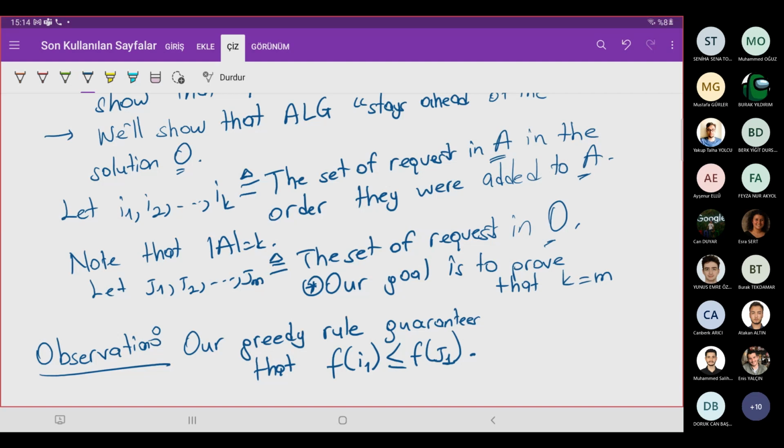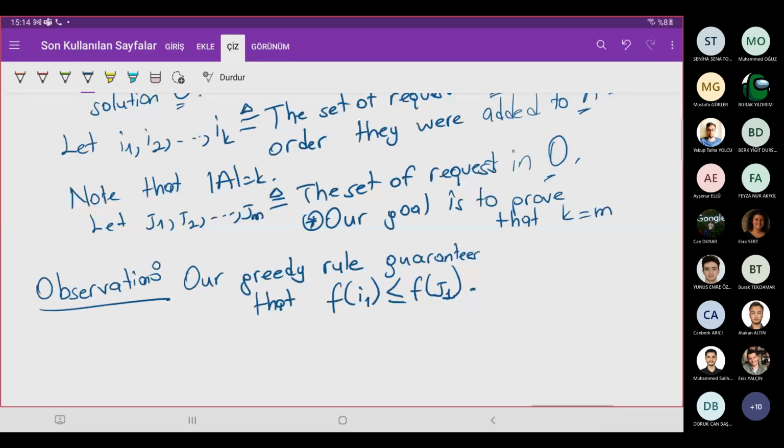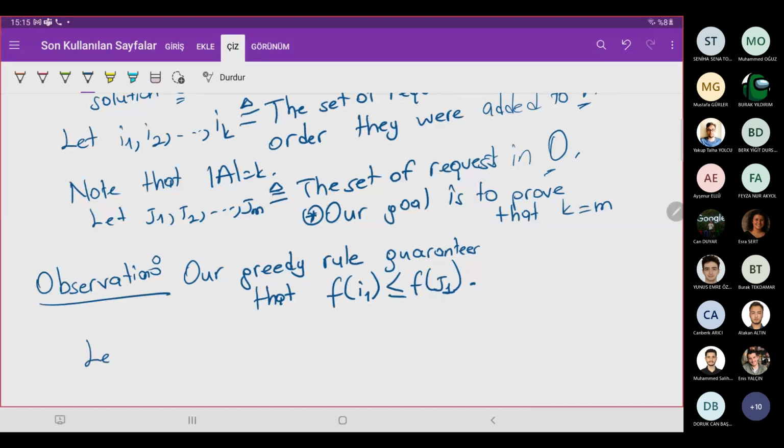I hope this is clear. Is this clear? Any questions about this? So my lemma is that, that's what I will prove.